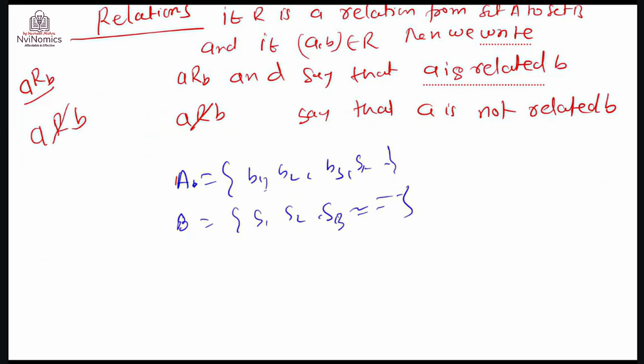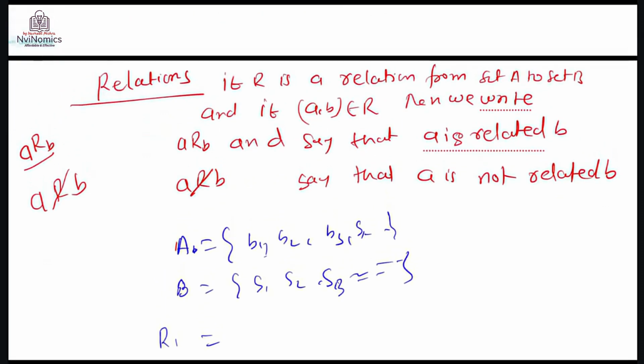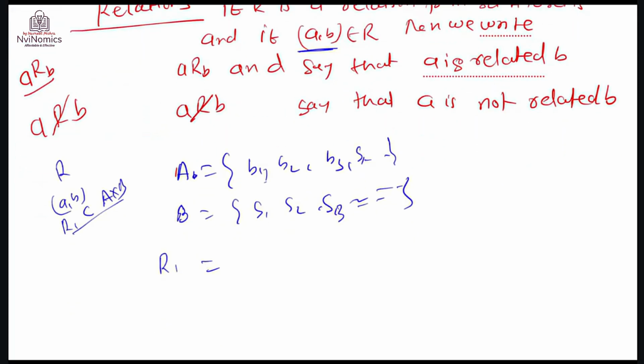Now I'm going to define the relation R1. If R is a relation from A to B, then its elements are ordered pairs (a, b), and R1 is going to be a subset of A cross B. Here b1, b2, b3 are the elements of set A, and s1, s2, s3 are the elements of set B.